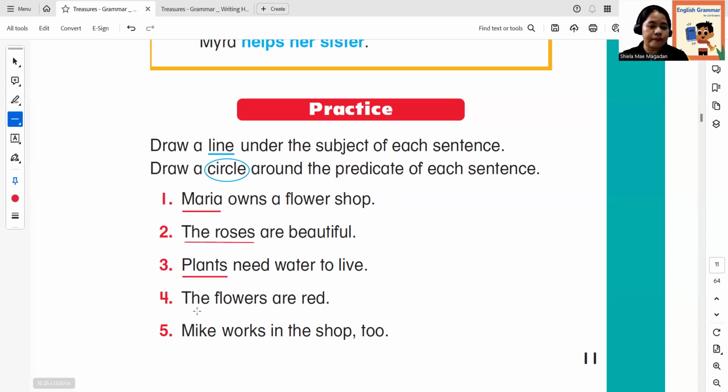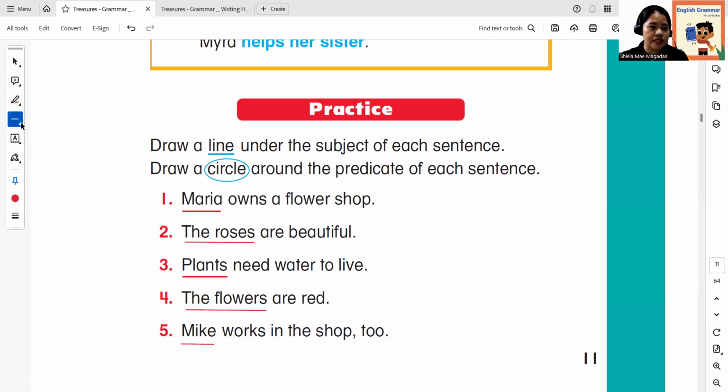Number four, the flowers are red. The flowers is the subject. We have to include the article, the roses, the flowers. And the last one, Mike works in the shop too. The subject here is pretty obvious. It is Mike.